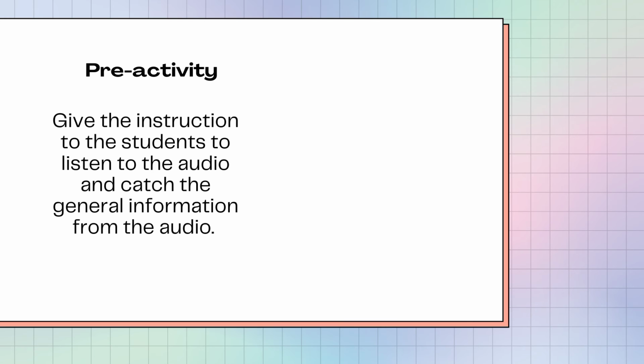In pre-activity, the teacher is going to share the instruction for the students to listen carefully to the audio, and the students need to get general information about the content of the audio.